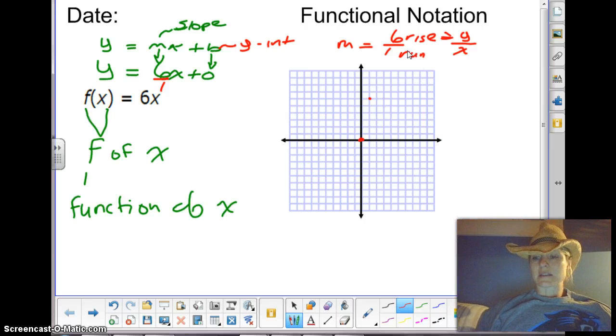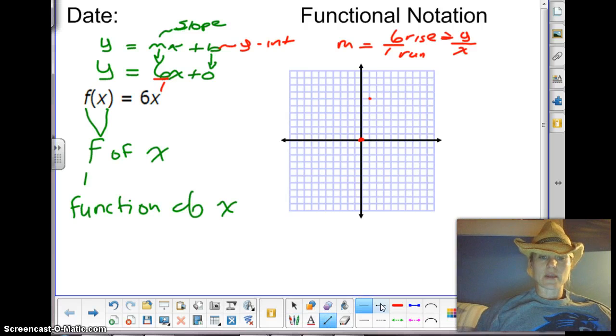I don't really like this rise over run because I think it's sort of confusing, but if you remember this is y over x, it's a positive 6, so it goes up 6. It's a positive 1. This is the positive direction on the x, so it goes 1. And then we can draw our line from there.